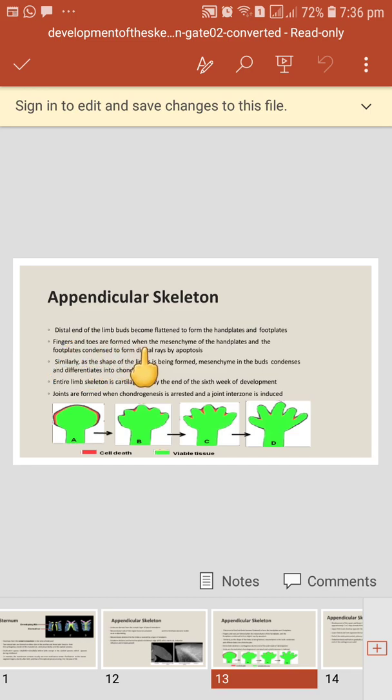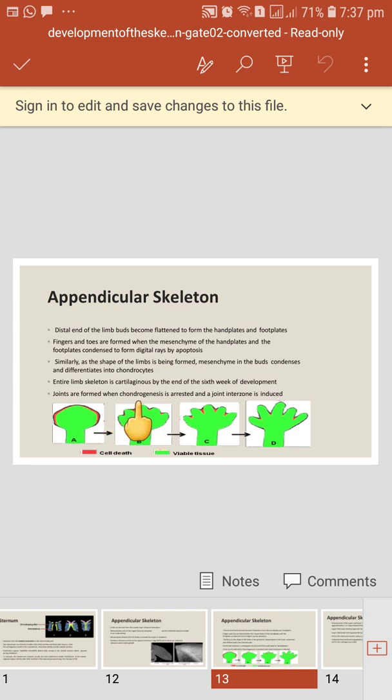Fingers and toes are formed when the mesenchyme of the hand plates and the foot plates condenses to form digital rays by apoptosis. Similarly, as the shape of the limbs is being formed, mesenchyme in the buds condenses and differentiates into chondrocytes. The entire limb skeleton is cartilaginous by the end of the 6th week of development.